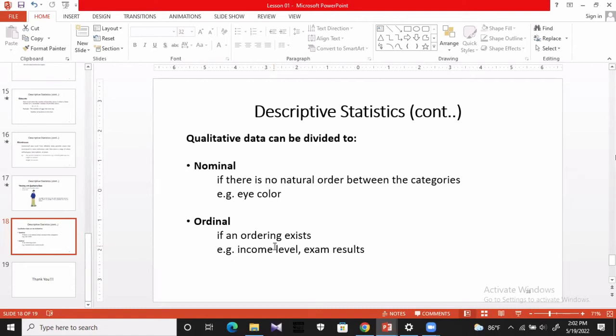Likewise, we can categorize them. That means if we consider their income level, there is an order existing between the income levels. Can you understand what I'm saying?